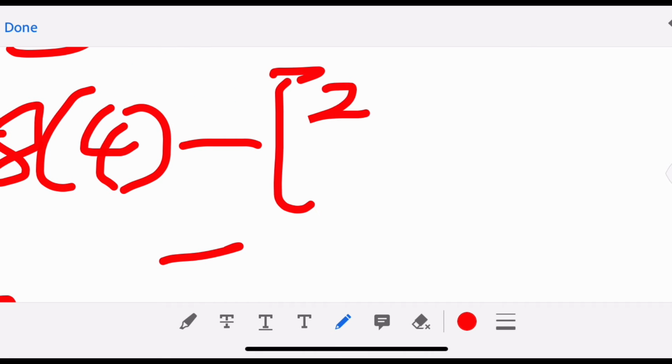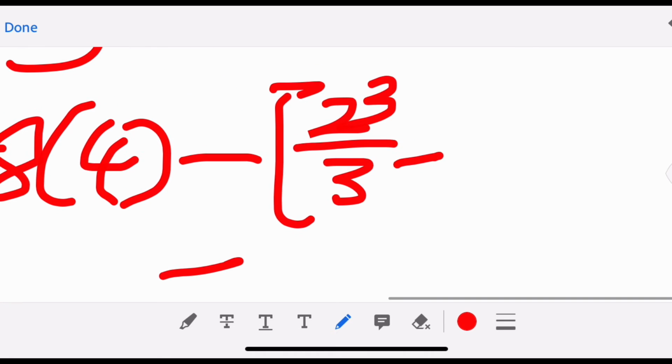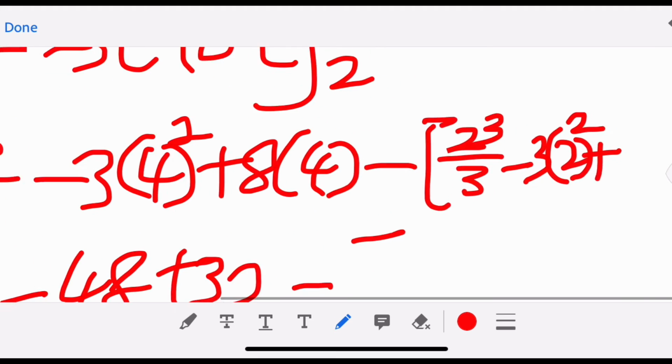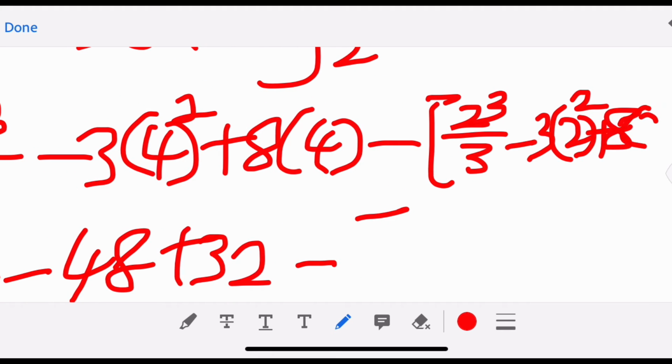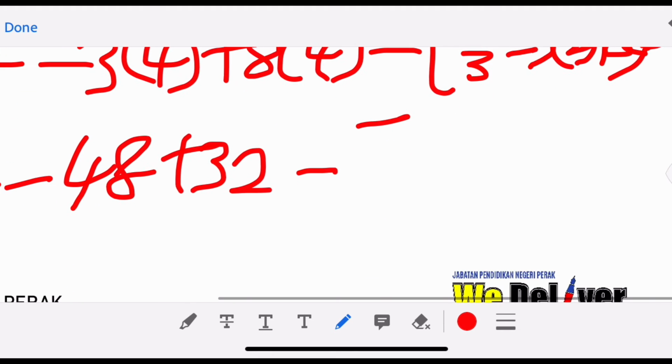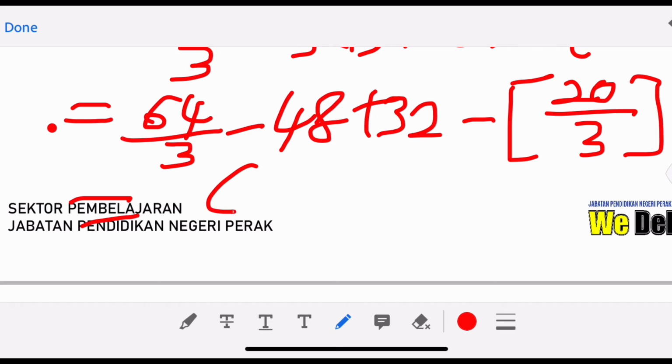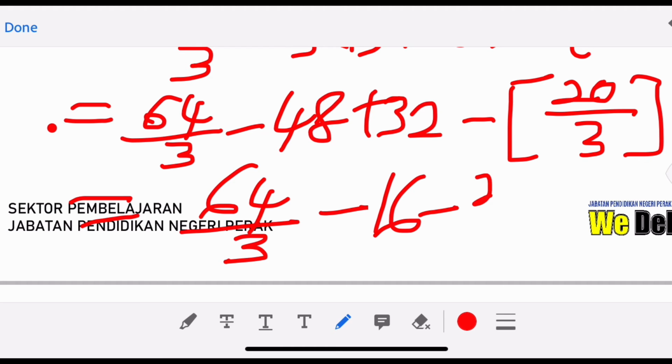This value we got already, which is actually 20 over 3, right? You can use it back. Okay, so now we just focus. This one is minus 16 minus 20 over 3.